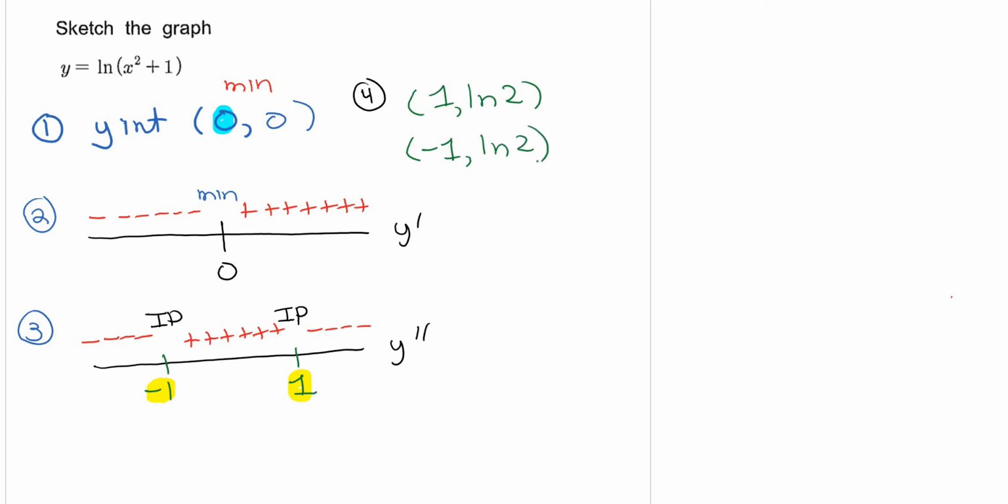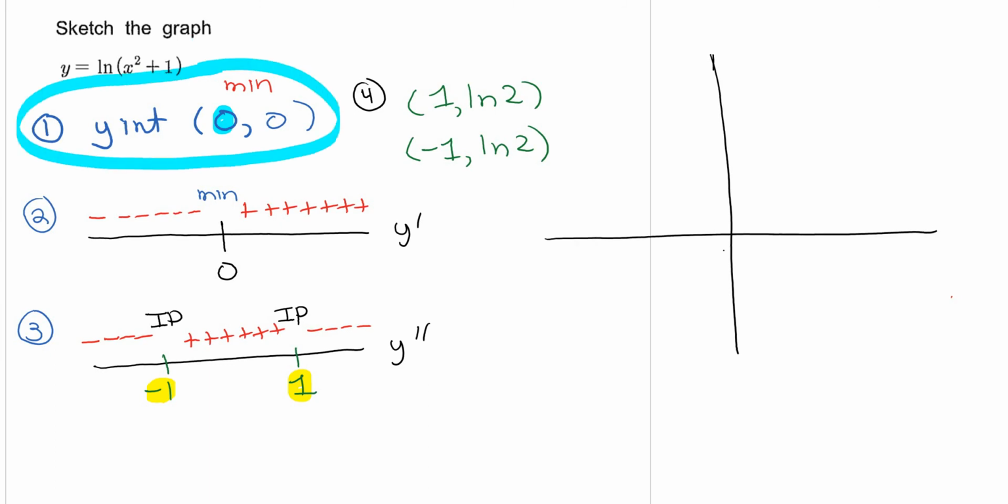Okay, so once again, the purpose of this video is not to go through all the algebra to find these results. The purpose of this video is to use the results and create a general sketch of the graph. Okay, so let's go ahead and draw x-y axes here. My first step would be to plot the y-intercept, which is at the point 0, 0. And because it's a minimum, you should definitely start making it look like a minimum like that.